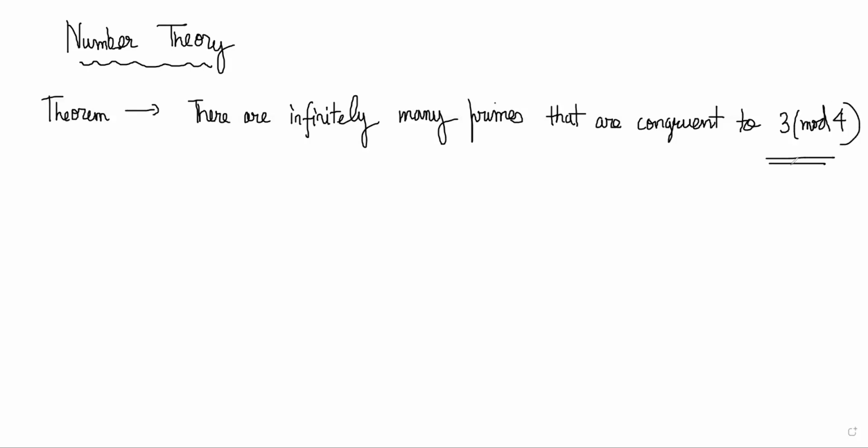So basically the theorem is saying that there are infinitely many primes of the form 4k plus 3, or 3 mod 4, right? So the standard proof of this goes like this.